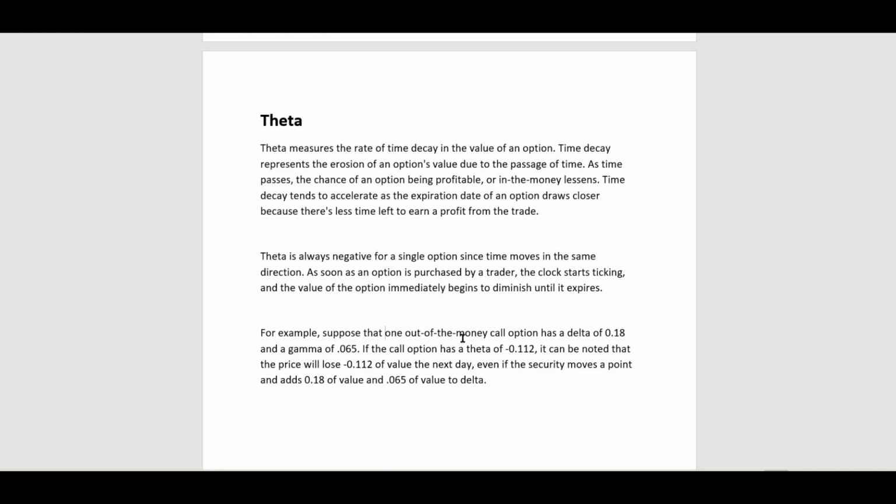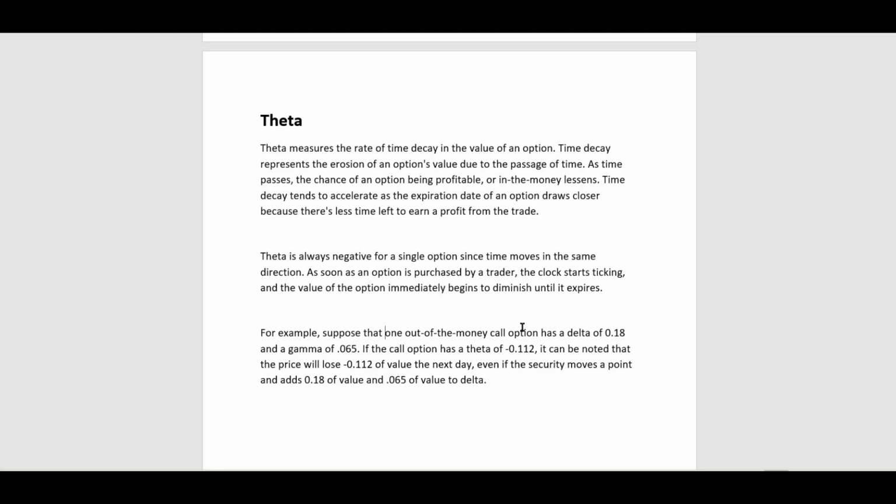Suppose that you have a call option for a delta of 0.18 and a gamma of 0.065. If the call option has a theta of negative 0.112, now this is going to be negative because you are tracking time decay, and time is always going to have the same value to it. It's always going to be negative moving up to the expiration date.